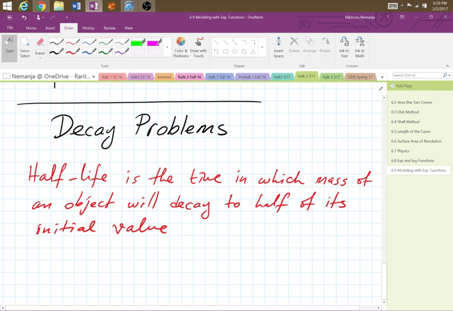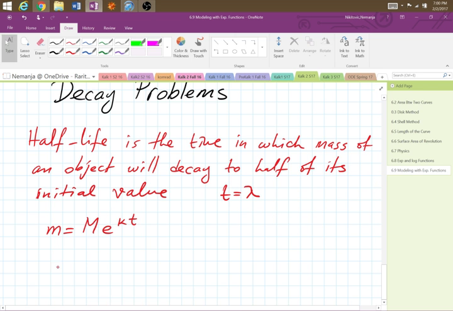So as you are thinking about t equals lambda, it's time. Now what I have here is the model for these exponential things. If I use lambda, which is the time, we see that these M's drop.